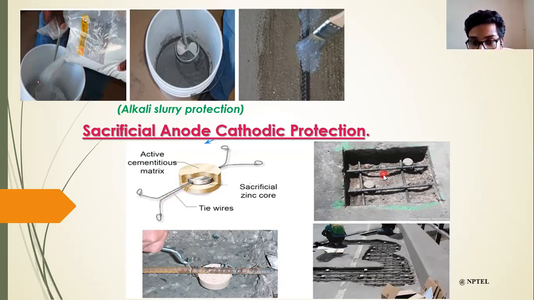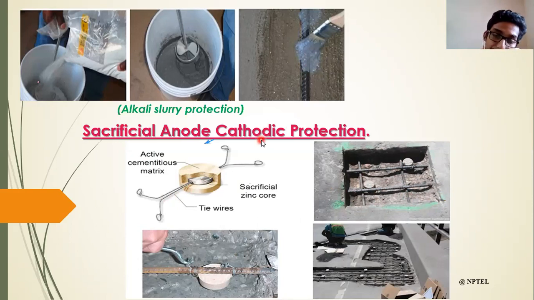You can see here in this picture, the point I am indicating with the red pointer, this is also not a good practice. Here you can see they have cleaned the reinforcing bars very nicely before installing the anodes. So now, one is cathodic protection and one is cathodic prevention.